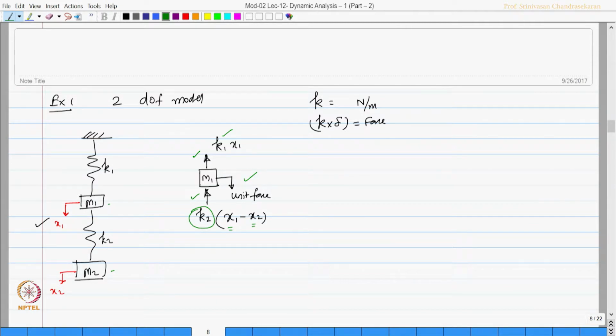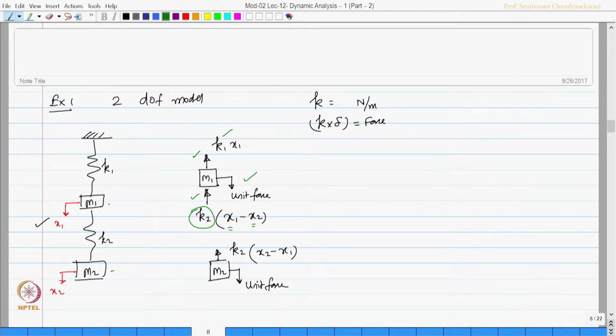Let us do this similarly for mass m2. Same logic, mass m2, I apply unit force along x2, when I apply that, the spring K2 will try to oppose that, and that is going to be equal to K2 multiplied by the point where the unit force is applied minus the point where the spring is connected. It is very simple.